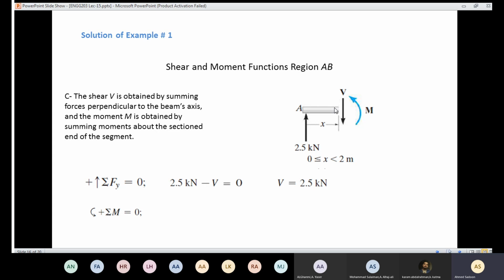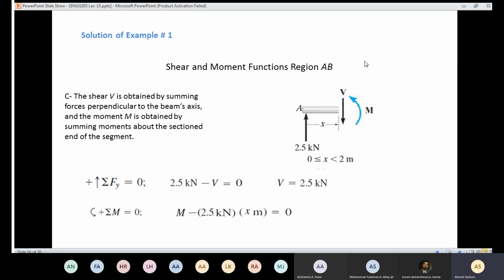So the moment is going to be here at the end of the section. And do not forget the sign convention. So if I'm going to take the moment here, I'm going to have M, which is positive. 2.5 is going to cause a moment counterclockwise by the distance x. Again, the x could be from 0 to 2.